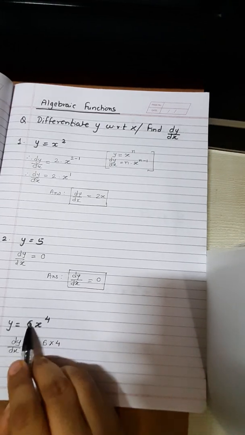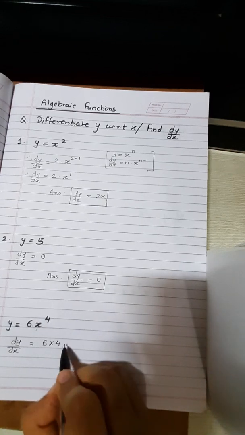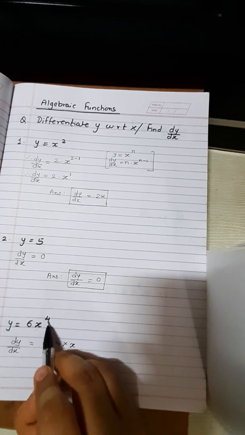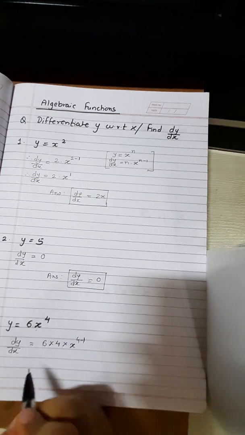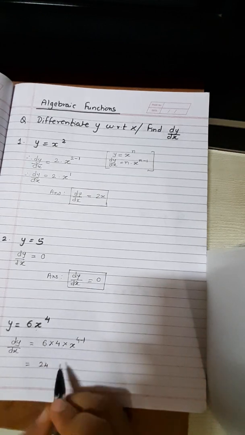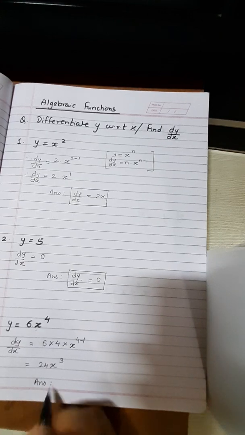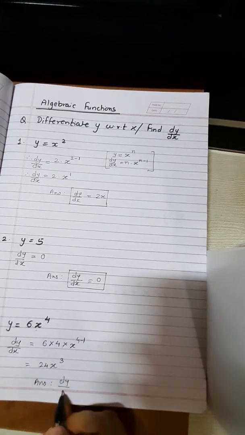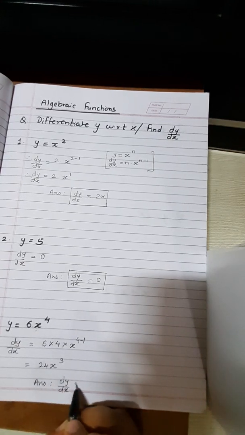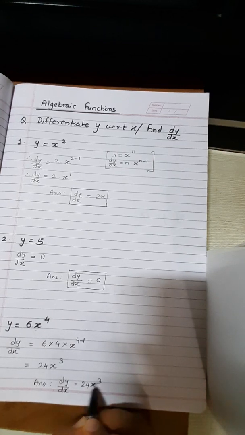So 6 into 4, constant into that degree, into x to the power 4 minus 1. So we will be getting 24x cube. So final answer for this particular example is dy by dx is equal to 24x cube.